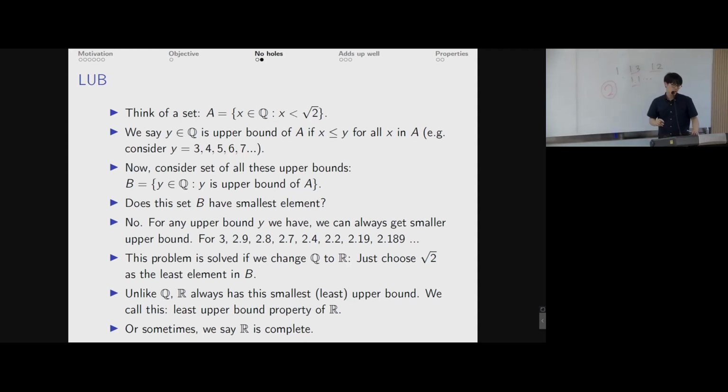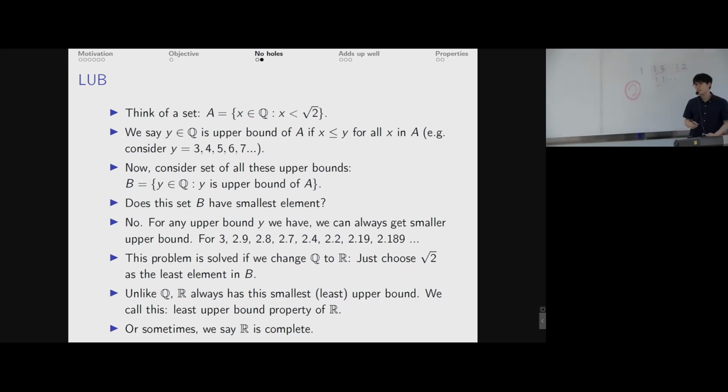These are all the elements in set A. And you can kind of see that all of these elements are smaller than the number 2. So what this shows is that 2 is a rational number such that all of the elements in A are smaller than this number. So we call these sort of numbers an upper bound.